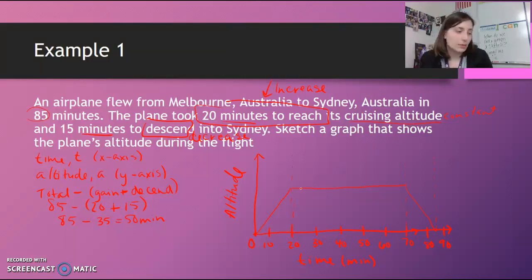And then I'm going to label these. So here is our ascent, which means to go up. Here is our cruising altitude.